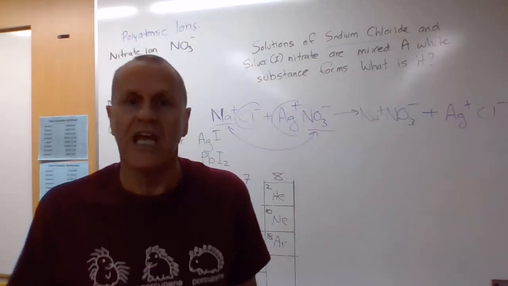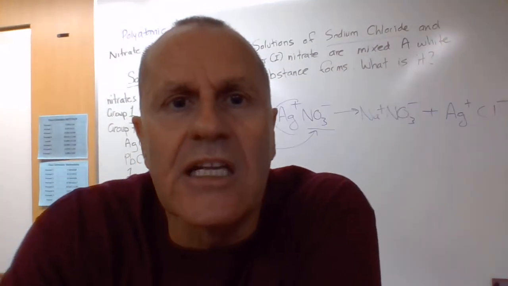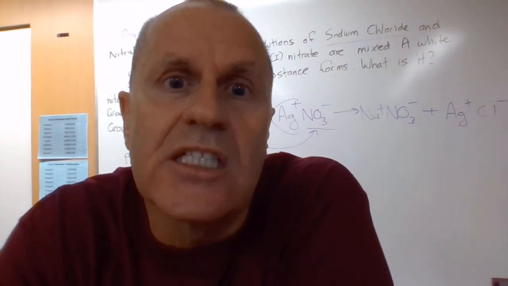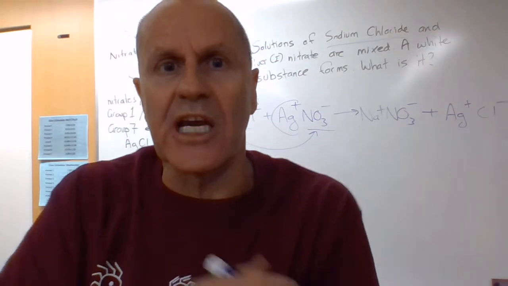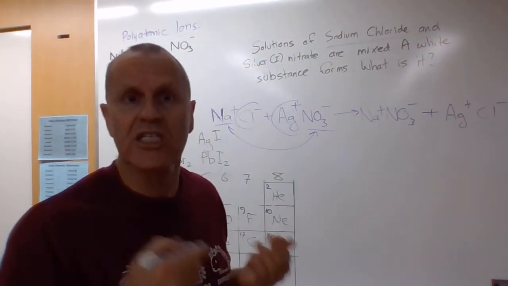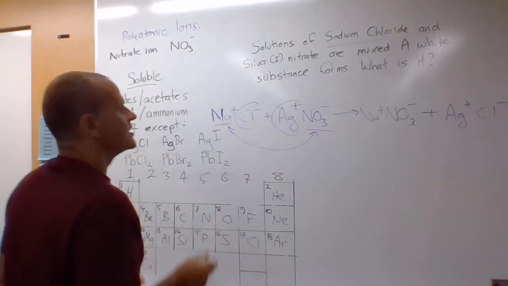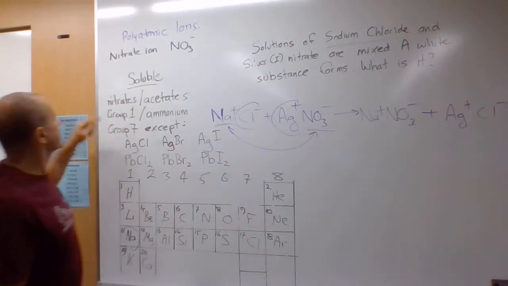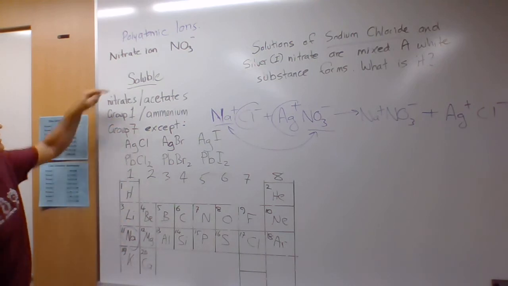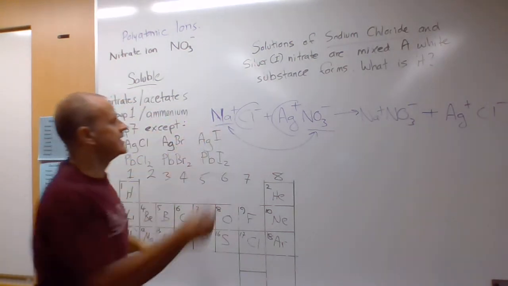That's what we got. Now, what we've got to do is look at the solubility rules to work out what's soluble and what's not. And what's not is going to be the answer to our question, because it forms a white substance that is not soluble. So we see it. Now let's have a look at this one. Sodium chloride. Group 1. Sodium's in group 1. Everything in group 1 is soluble.